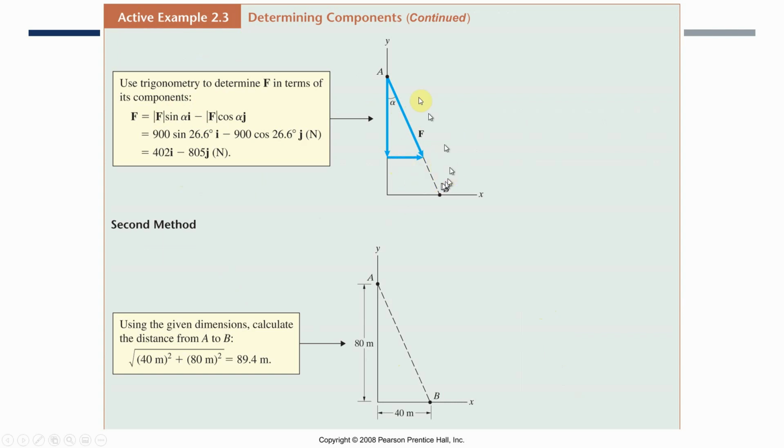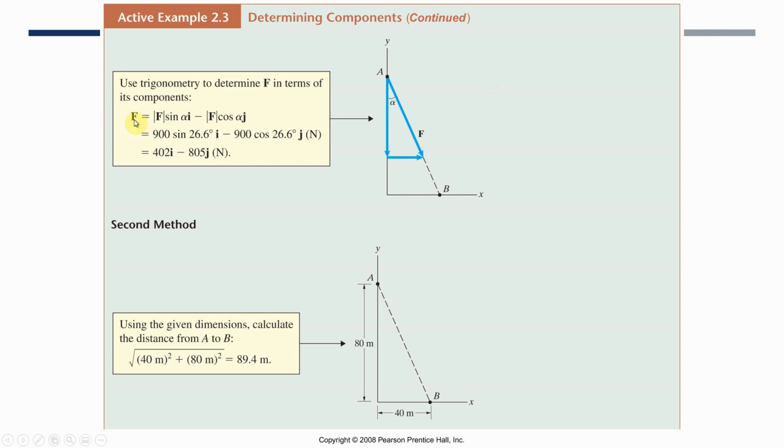Most of the time people find the angle between the force and the x-axis rather than the angle between the y-axis. Watch out for that. In this case, they're using the y-axis.